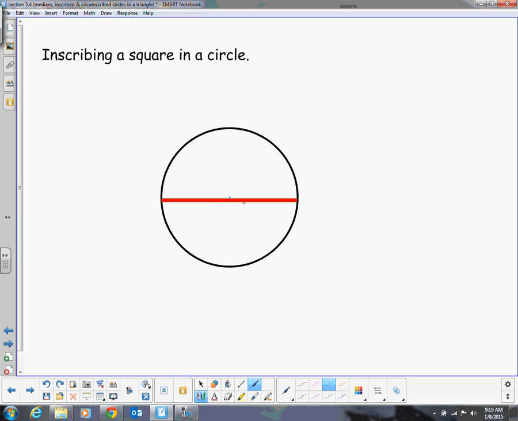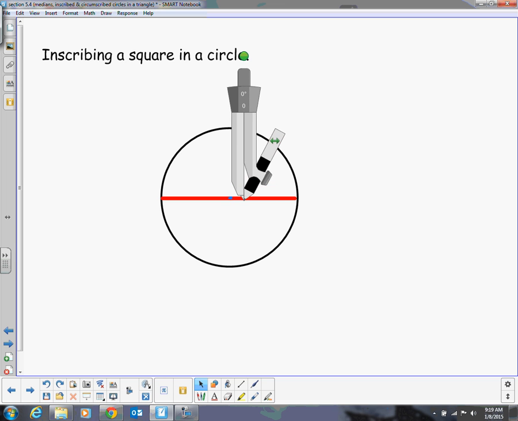And I think I'm going to make my center a little bit larger. That's my center. And then you're going to want to do a perpendicular. We need a perpendicular at that point. So by the time we're finished with all our constructions today, we will have done every type of perpendicular there is.